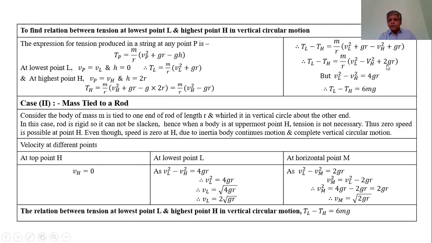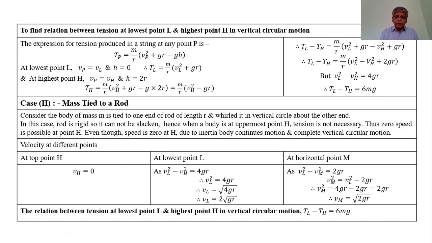But we have already seen that VL square minus VH square is equal to 4 times GR. Therefore, tension at the lowest position minus tension at the highest position is equal to 6 times mg. This is always constant.